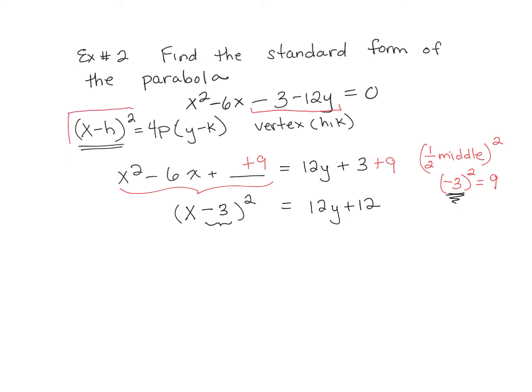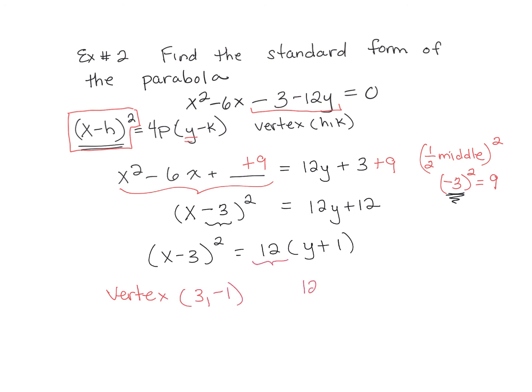So on the left, we do have this part, but on the right, we want to have the coefficient of the y being 1. And so to do that, we will factor out the 12 and get y plus 1. So in this particular case, our vertex is 3, -1.